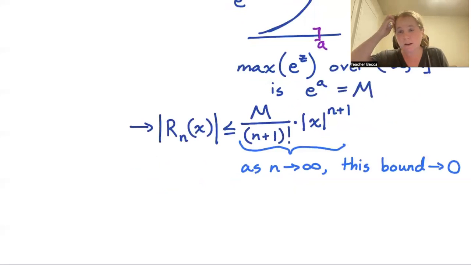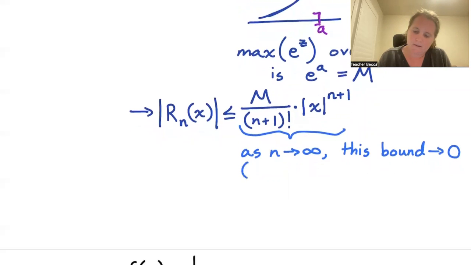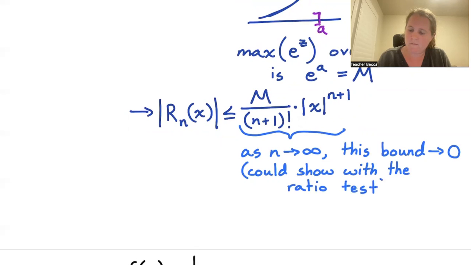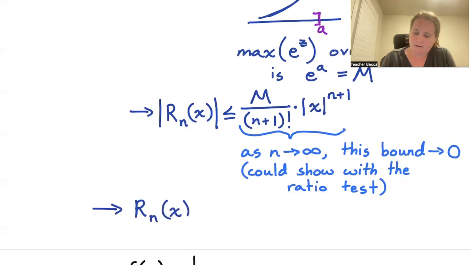We could show this using the ratio test. Because that upper bound of a positive sequence is going to 0, we know that the sequence itself is going to 0. So this tells us that r sub n of x goes to 0 as n goes to infinity.